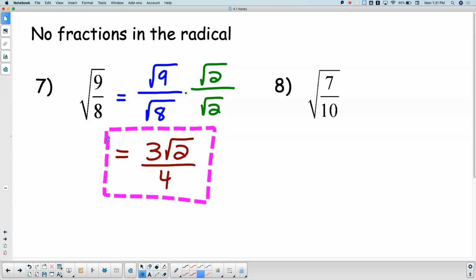Should be all on a stack. Okay. Go for it. Try number 8.